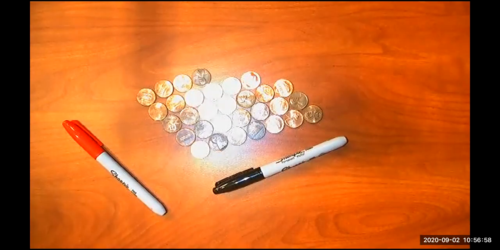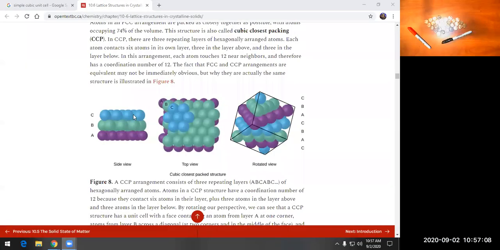Spheres will do exactly the same thing. So if we look at spheres that pack in a given layer, and here we're looking at it from the top, you can see that this arrangement of the spheres is identical to what we just saw in the pennies.